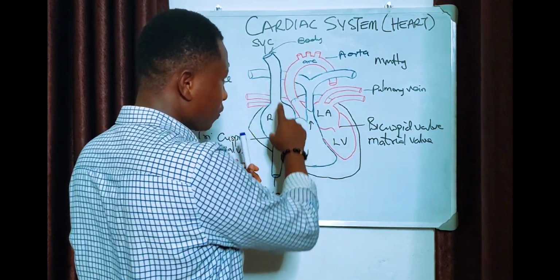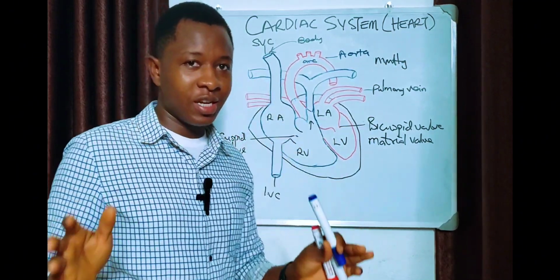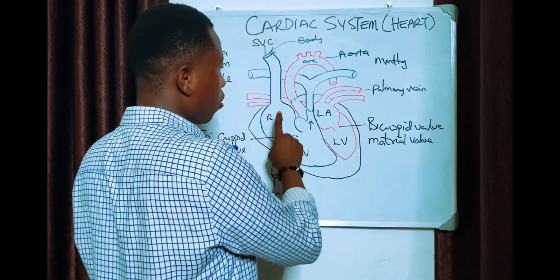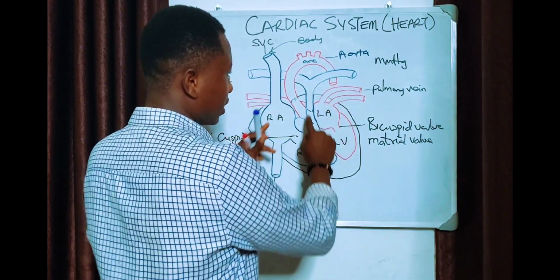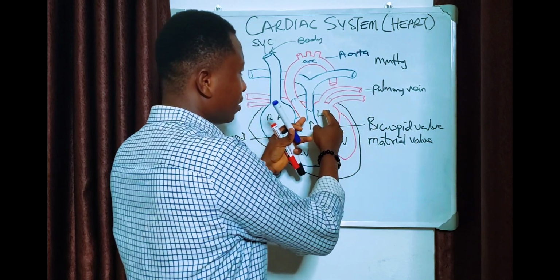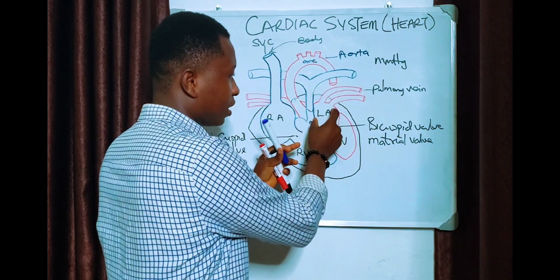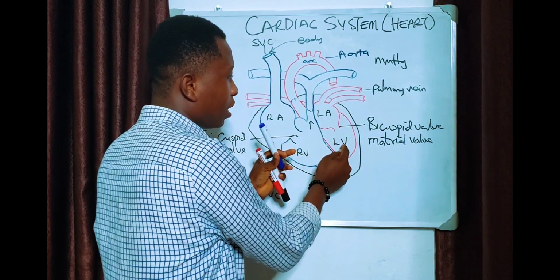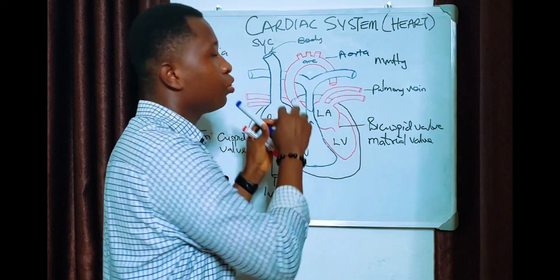Remember, the one that comes from the body is deoxygenated. All right. So it has to go through this process, get to the lungs, so that it's going to pick oxygen and enter. When it enters through the left atrium, left ventricle, it is pushed to the body.